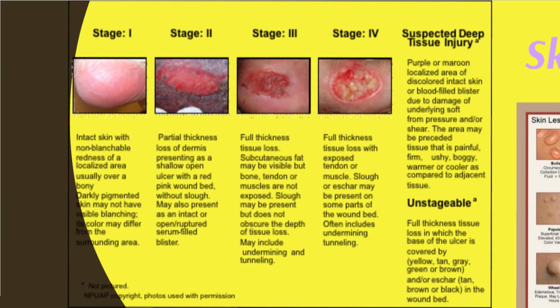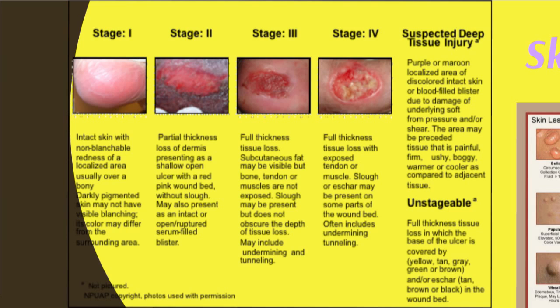Undermining is when you have a wound, and it appears to be 2 by 2 inches in diameter, or whatever. You can say circular 2 inches. But once you look into the wound, it is actually undermined, which means it's bigger than what it appears on the outside.